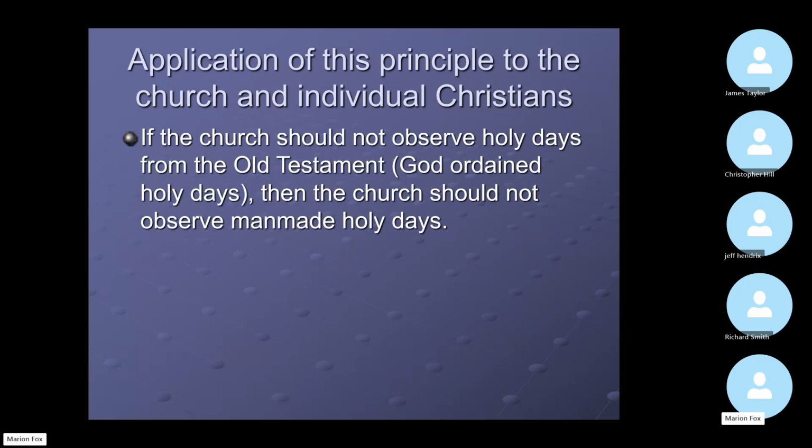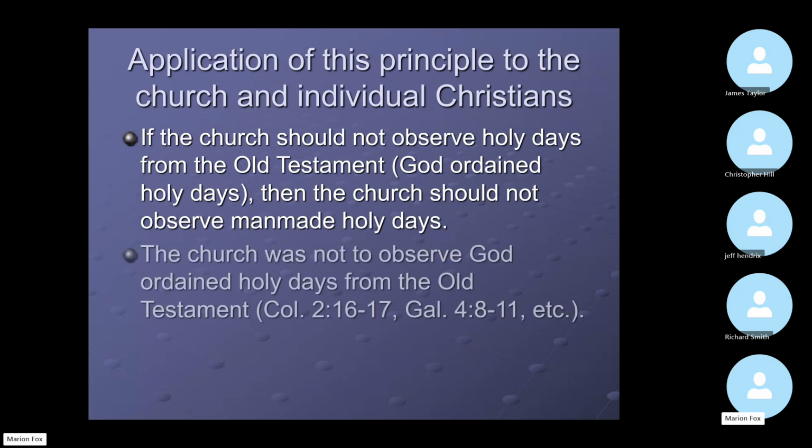The next one now. Should the church observe holy days from the Old Testament? God ordained holy days, and the church should not observe man-made holy days. The church was not to observe God-ordained holy days from the Old Testament. There were holy days that were ordained by God under the law of Moses.